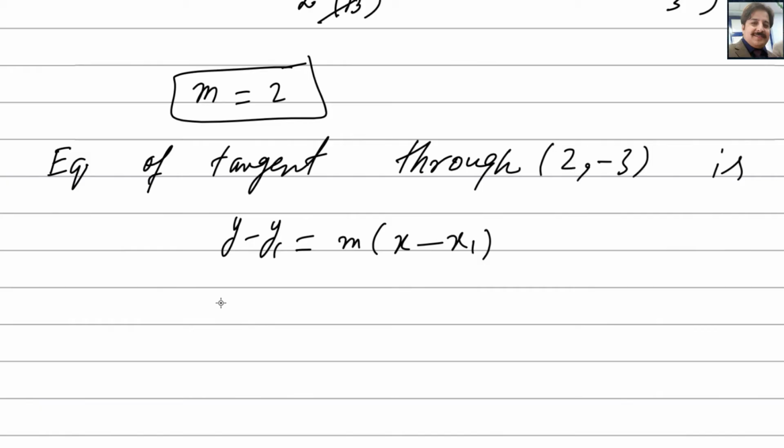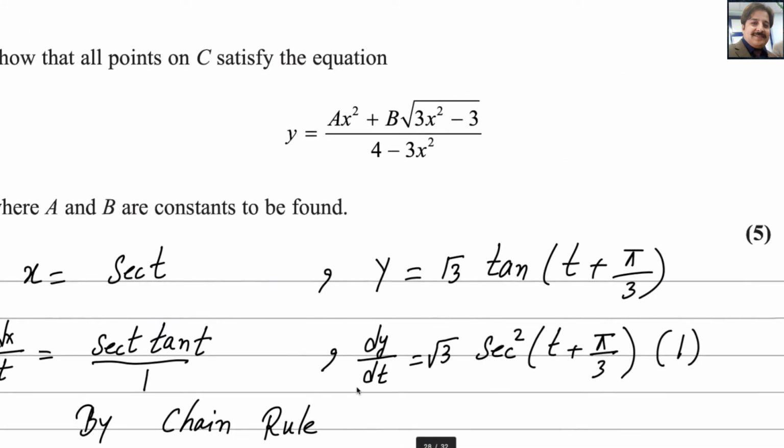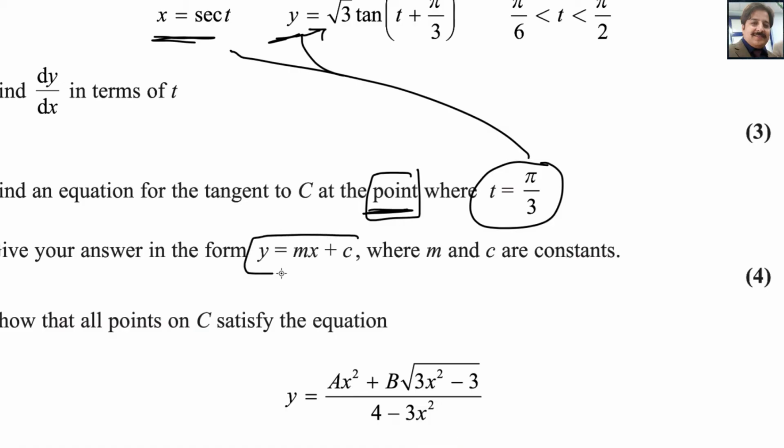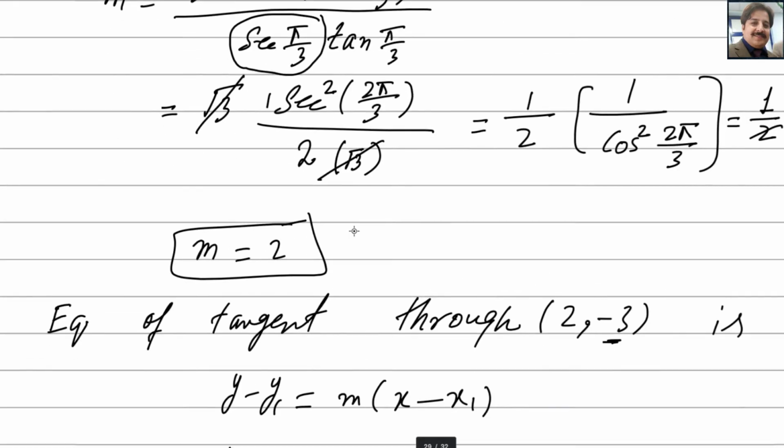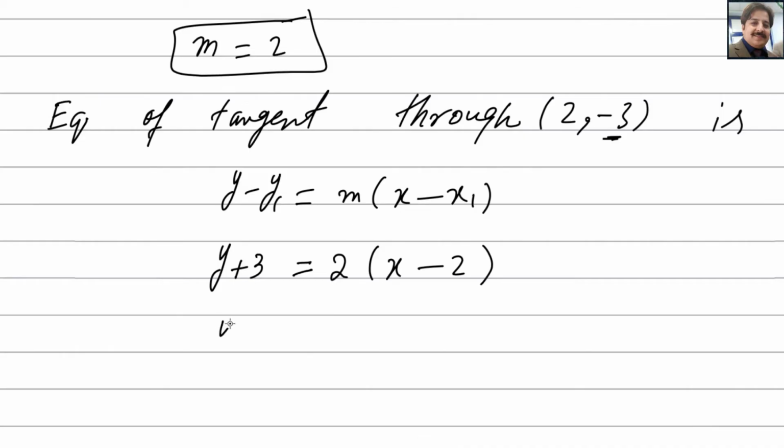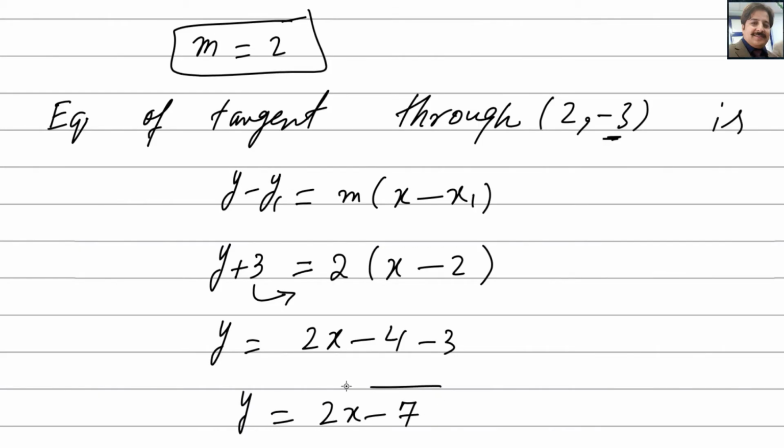So substitute the values. y minus y1, y1 is this value, so this minus and that minus makes plus, so we get 3. m is 2, and then x minus 2. Because we want the answer in the form y equals mx plus c, you must bring everything towards the right side. So we get 2x minus 4, and bring this 3 there, so it will be negative 3, and finally our answer will be 2x minus 7. This is the required equation of the tangent.